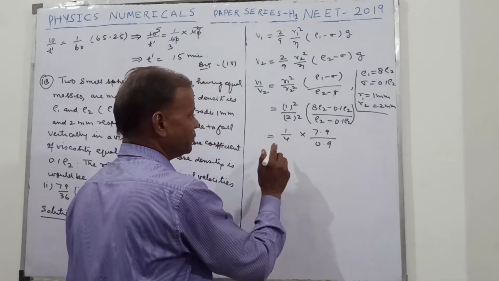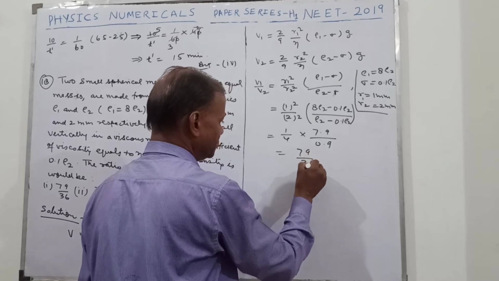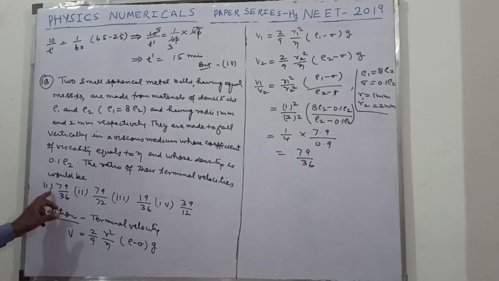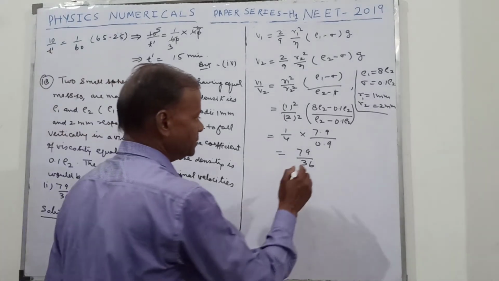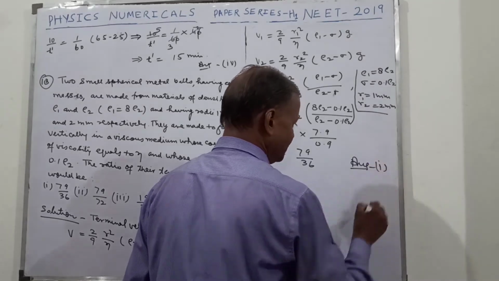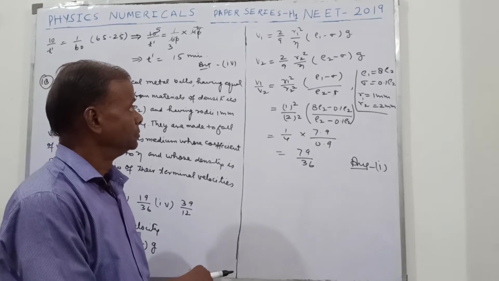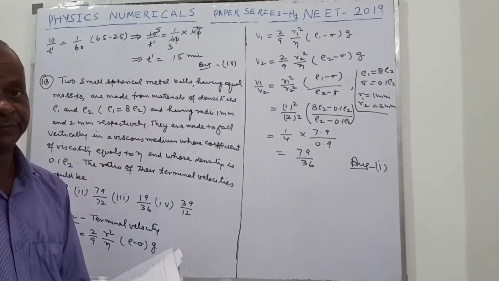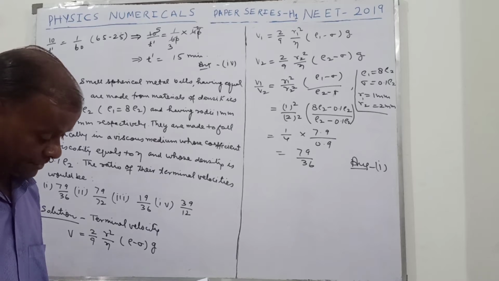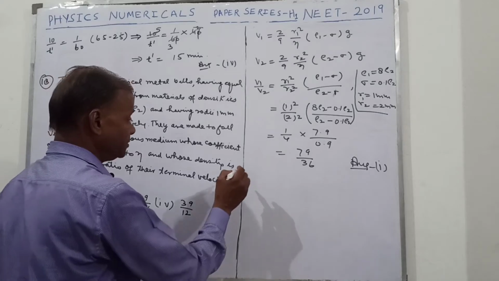Now the point will cancel from both, so this is equal to 79 upon 36. So what is the answer? First. So our answer is first. This is the direct application of terminal velocity. Only you have to remember which rho 1, rho 2, sigma and radius are to be used in this formula. And now question number 19.